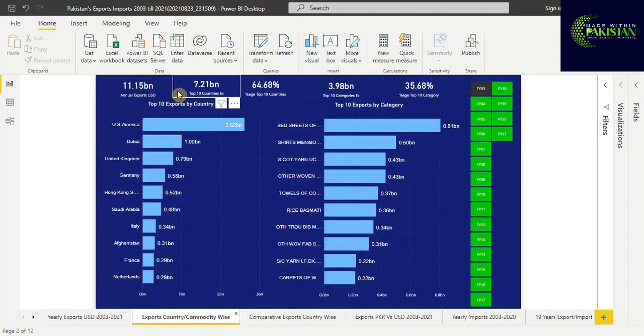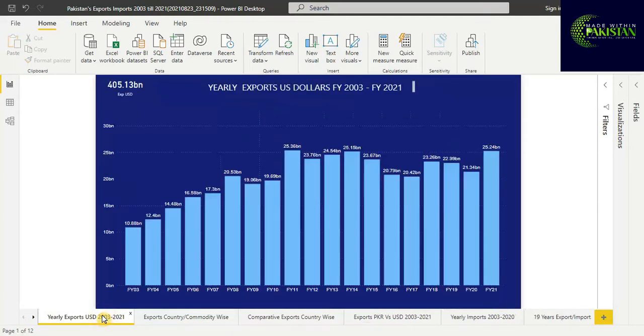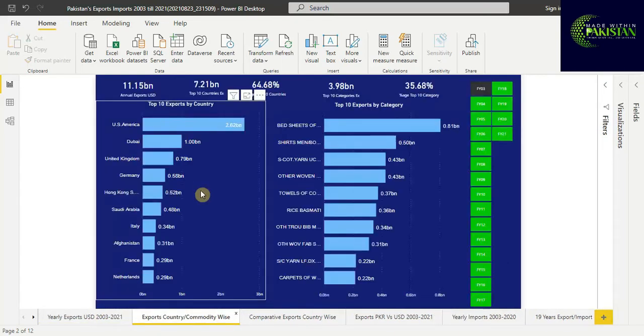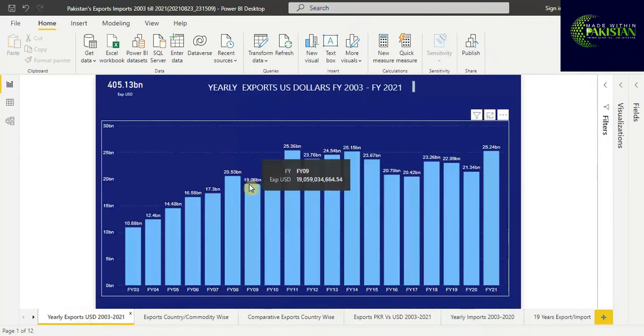For the slide in front of you, the source is the State Bank of Pakistan website, and for the slide used in our first video, the source was the Pakistan Bureau of Statistics. The State Bank of Pakistan data, this 11.15 billion, also includes other exports, but in the data of the Pakistan Bureau of Statistics website, other exports are not included.